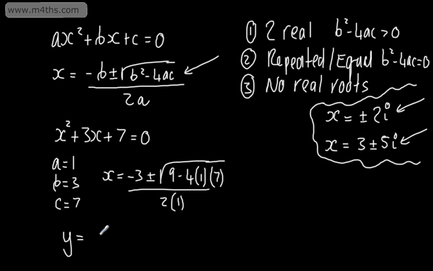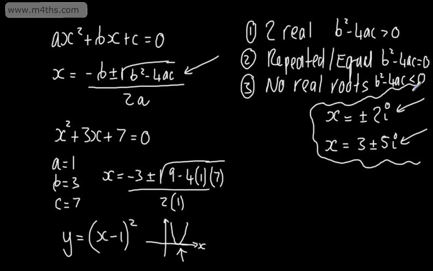So, for example, if we had y is equal to x minus 1 all squared, and we graph this, we would see a parabola that simply moved 1 space to the right. This gives us equal roots as it's touching the x-axis. So in this particular case, b squared minus 4ac, which we call the discriminant, would be 0. If we got b squared minus 4ac less than 0, then we have no real roots.